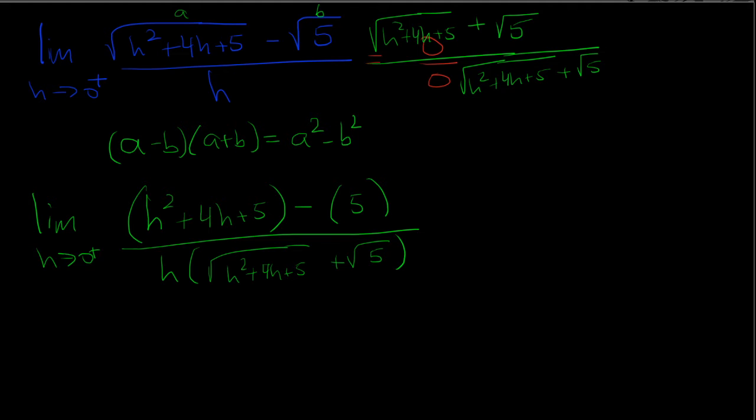Now the 5's are going to cancel at the top, and now I can factor out an h from the top. So I have h plus 4.